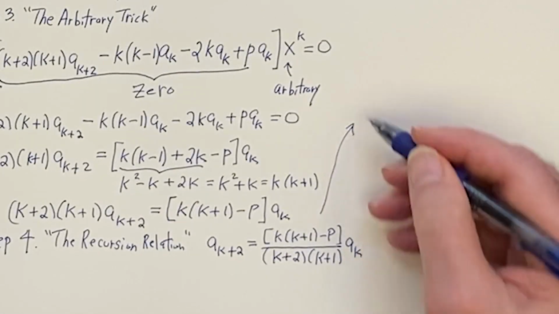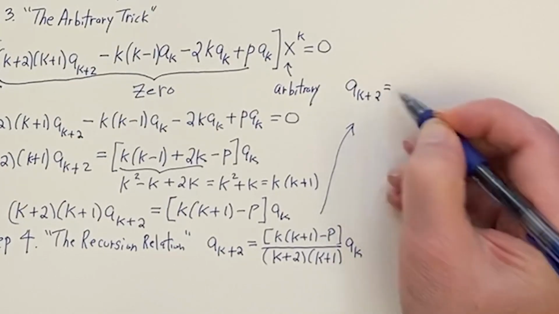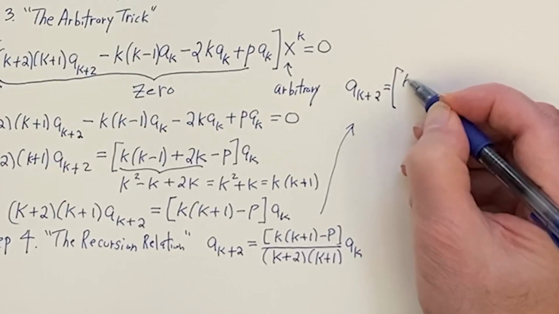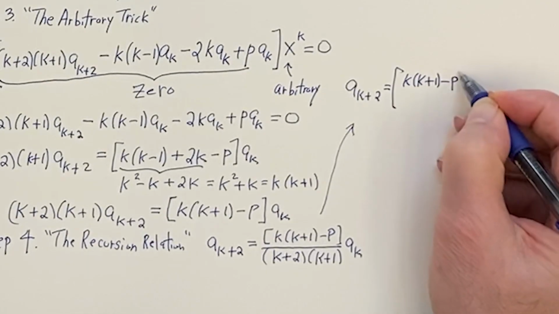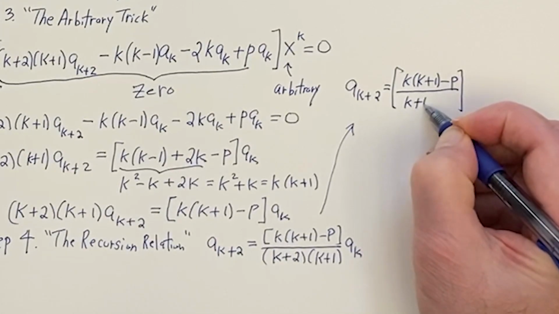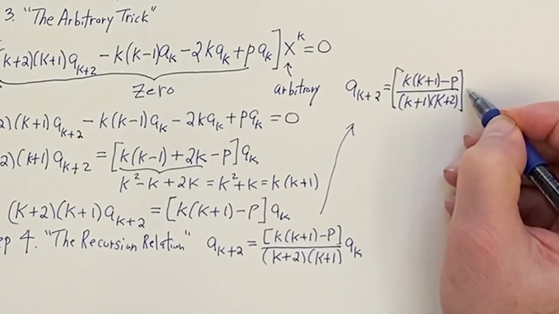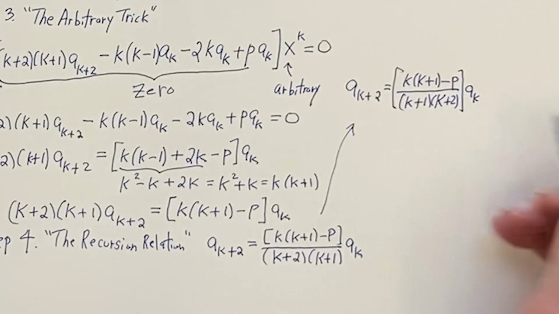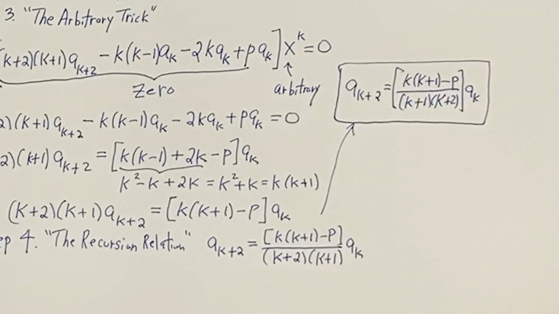And I'm going to write this as a sub k plus 2 equals k plus 1 minus p, and put k plus 1 first, k plus 2 times a sub k. So that is the recursive or recursion relation or formula.